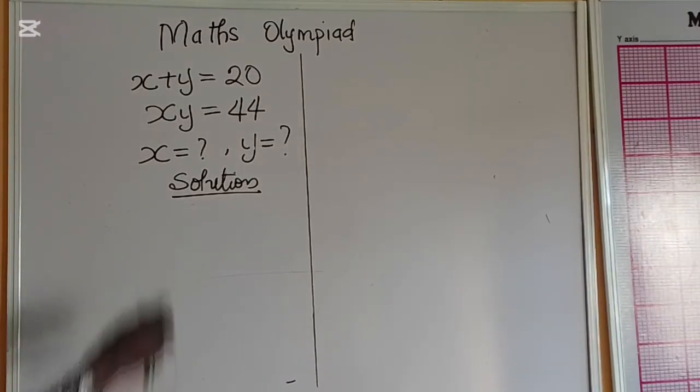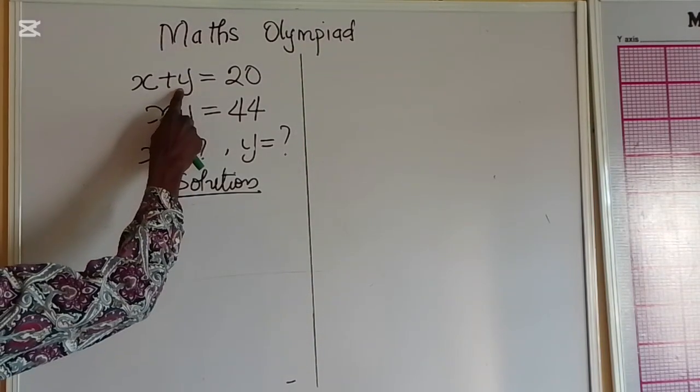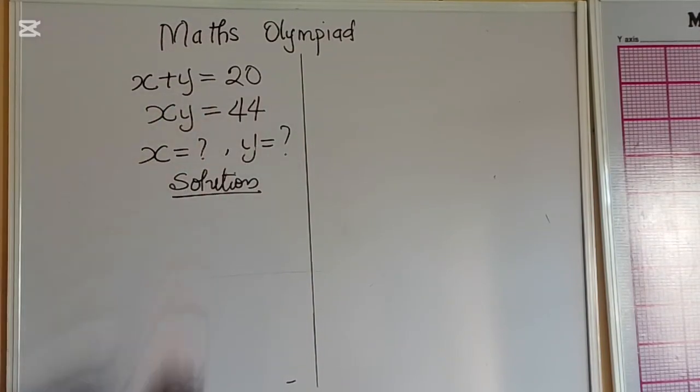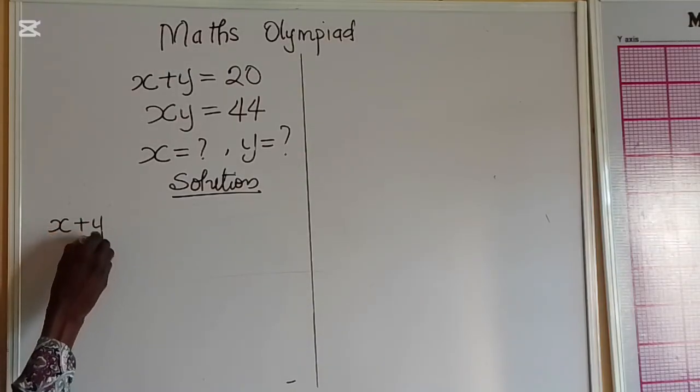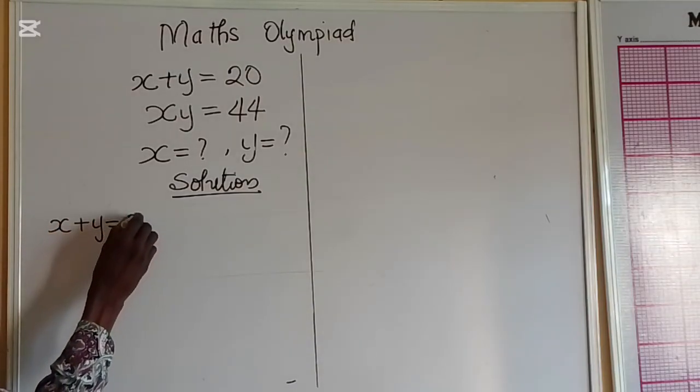Now, if x plus y is equal to 20 and xy is equal to 44, we are asked to find the value of x and the value of y. Let me say x plus y is equal to 20.